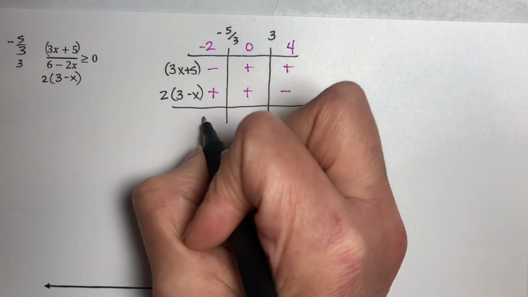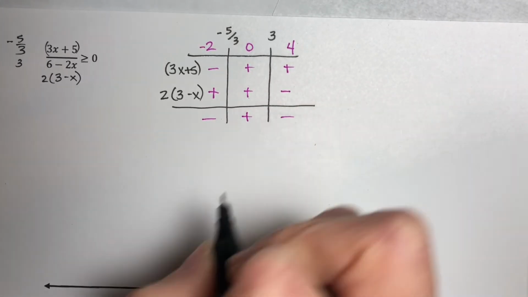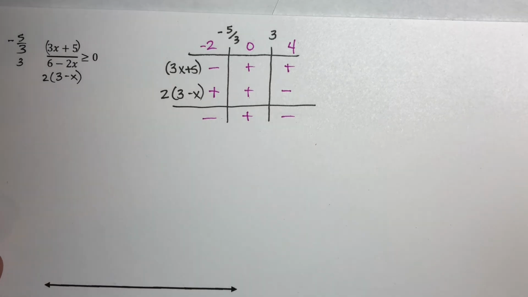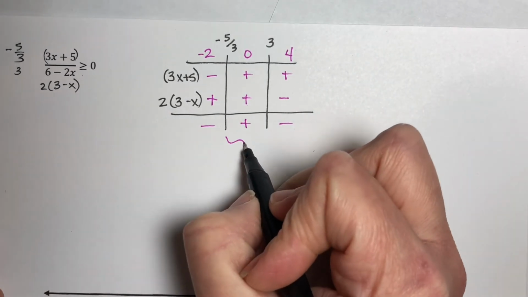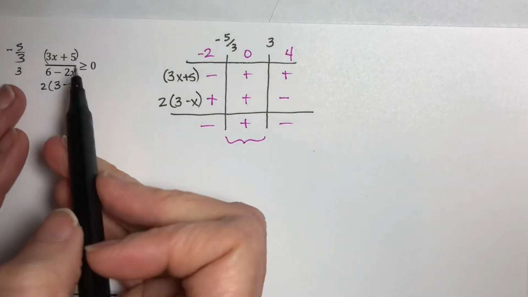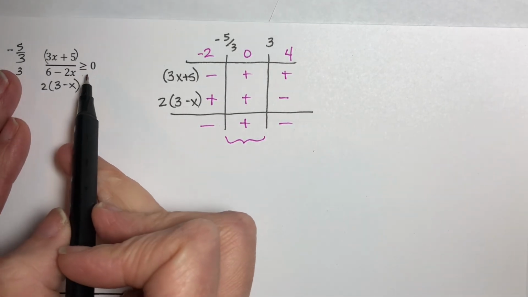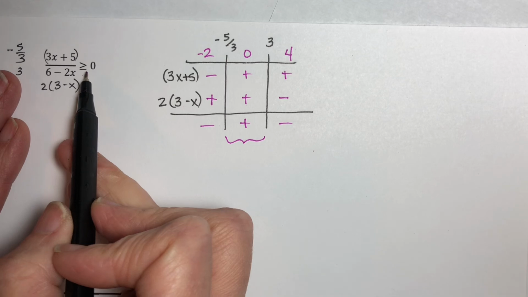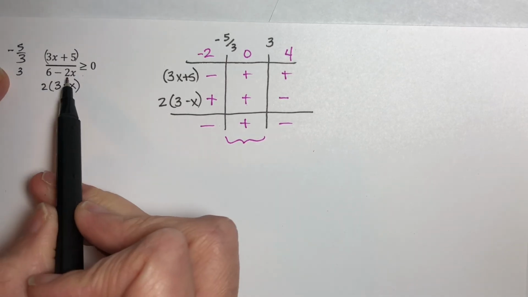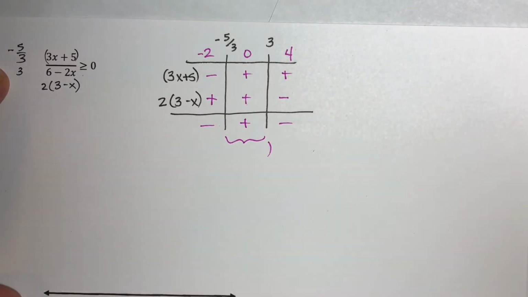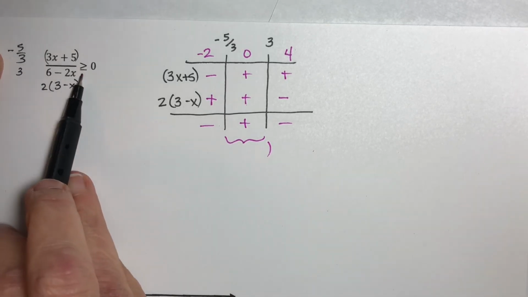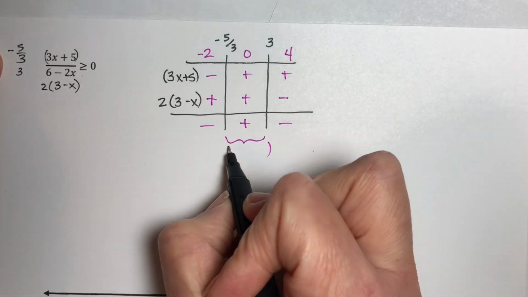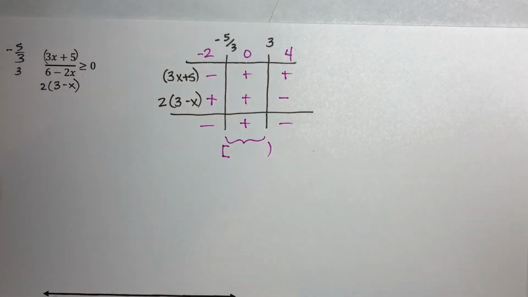So overall, I have negative, positive, negative. And I am looking for this thing to be greater than or equal to 0, so I'm looking for positives. This says equal to, so I need to decide what gets a bracket and what gets parentheses. The 3 came from the bottom. It gets parentheses no matter what. -5/3 came from the top, and it has an equal to on it, so that can get a bracket.